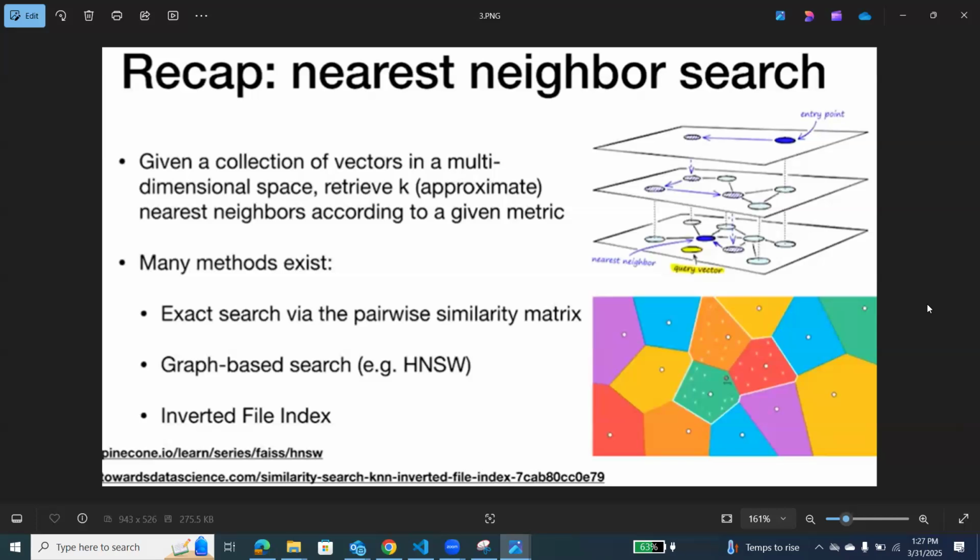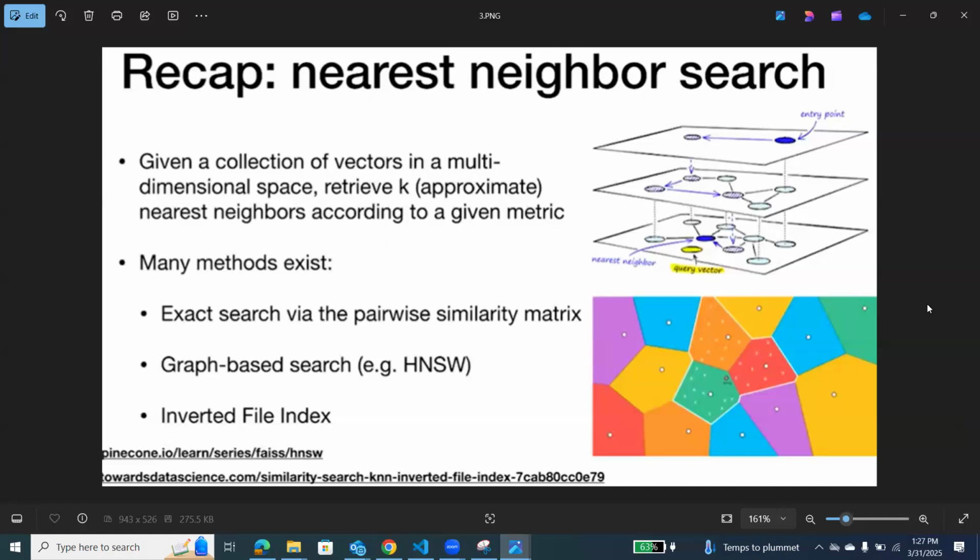But the problem is how to make it work fast, because k-nearest neighbors, as you remember, builds the distance matrix between all the vectors. So if you have, for example, a million embedding vectors, it will be a matrix of a million by a million, and it won't fit in any memory.